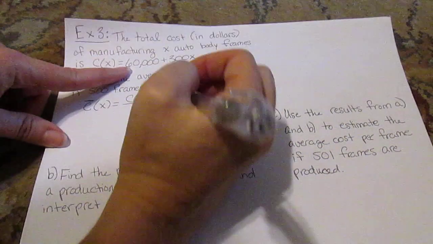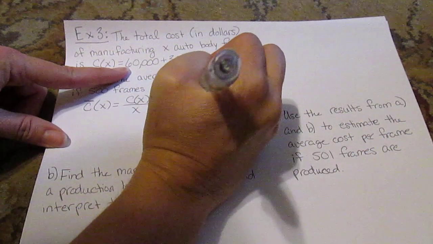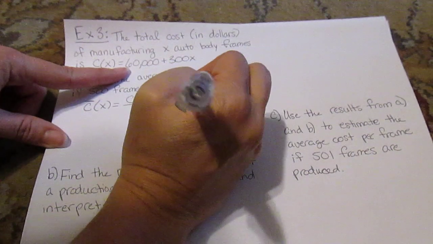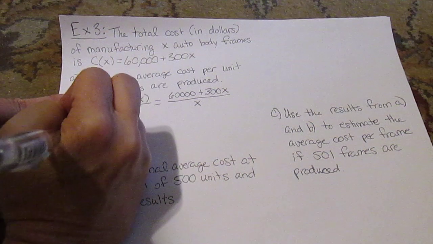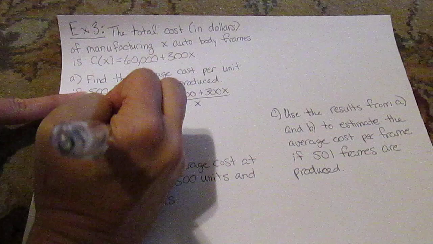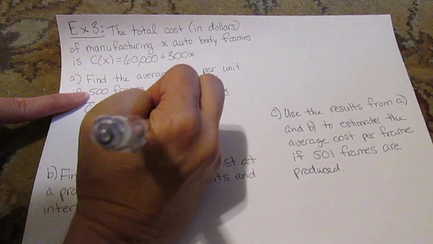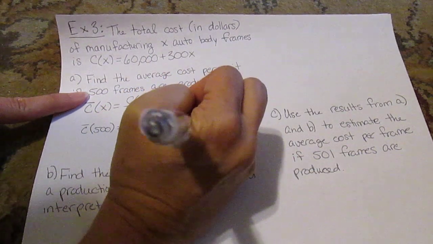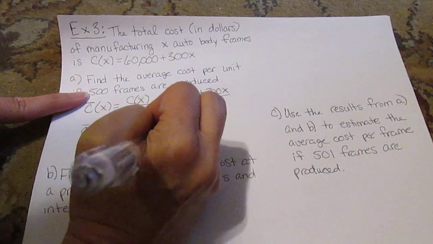So we get 60,000 plus 300x all over x. And they want us to plug in 500. So C bar of 500 equals 60,000 plus 300 times 500, over 500.